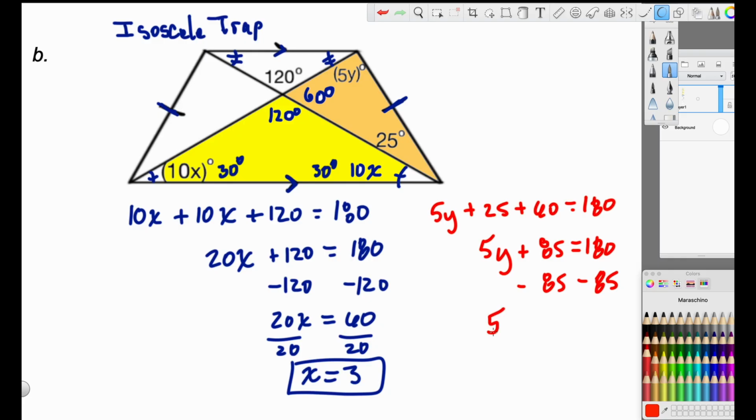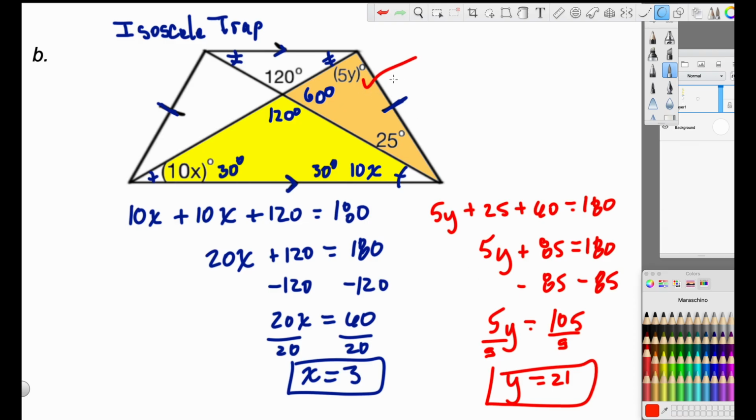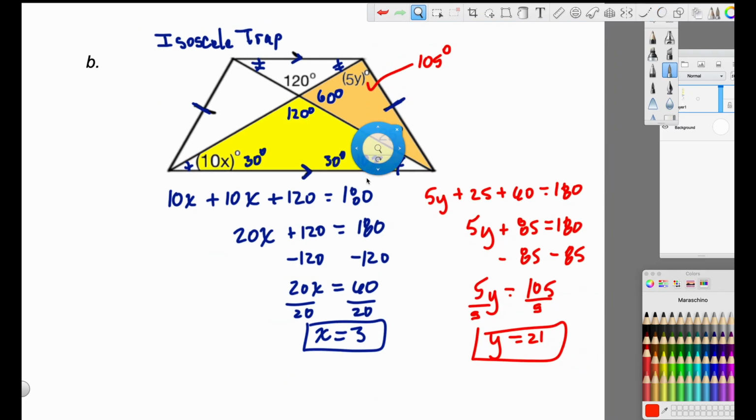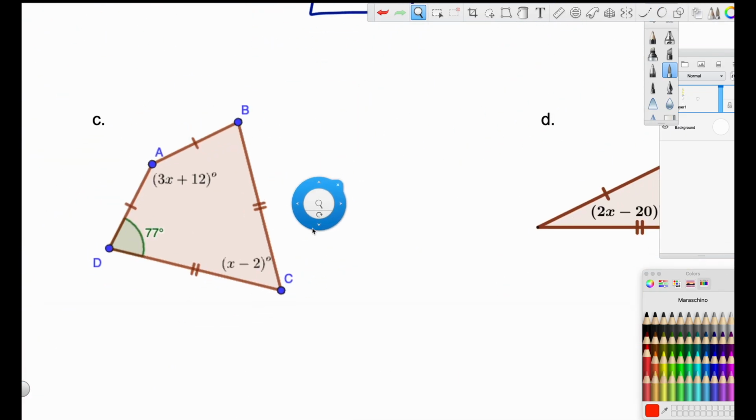Subtract 85 from both sides. 5y equals 105. You can divide that by 5. Y equals 21. And so this angle would be 5 times 21, which would be 105, right? Degrees. 105 plus 60 plus 15 would be 180. Okay, that one's done.